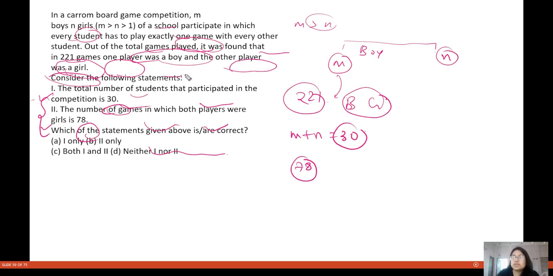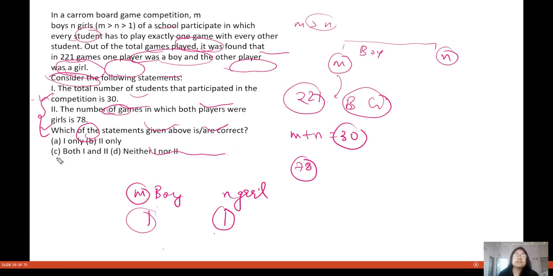So, see what is happening in this question. There are m boys and there are n girls. If one boy and one girl are playing, we have to choose one boy from here and one girl from here.